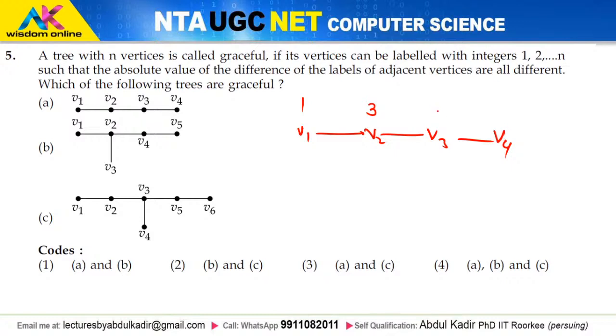Can we label it with differences? The differences must be all different. So the difference here will be 2. So you can take 4 here and you can take 2 here, or you can take 4 here, then you can take 3.